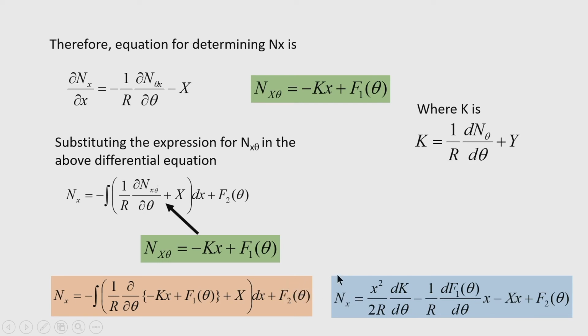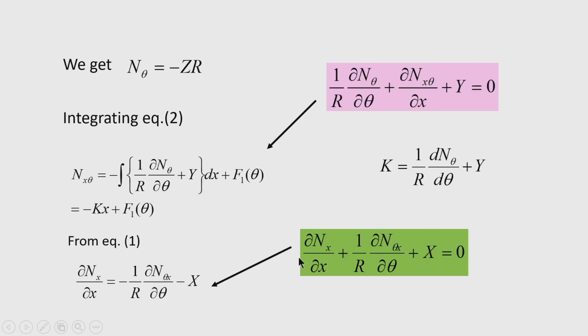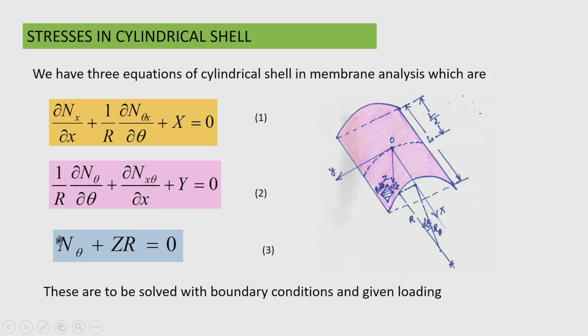So, we have obtained the three expressions of the stresses individually. One is N_θ equal to minus Z r, that is the first stress. This circumferential stress is easily obtained without solving any differential equation, because the third equation of equilibrium is an algebraic equation.